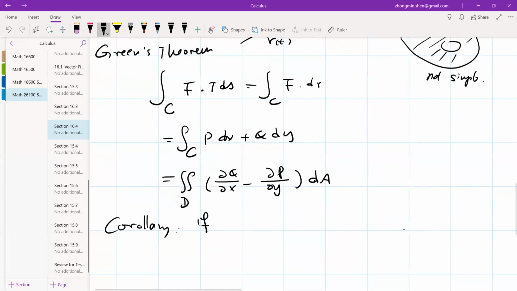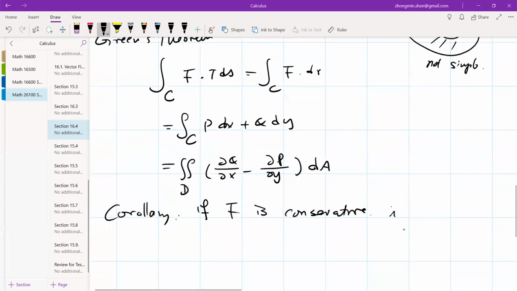If F is conservative, that means F is conservative.